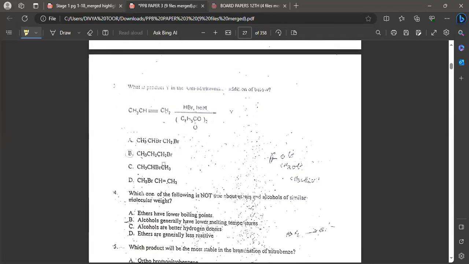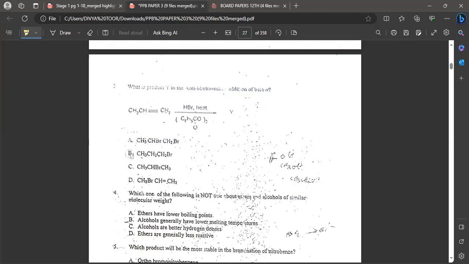Okay, so what is the product Y in the anti-Markovnikov addition below? HBr, heat. I guess this is the catalyst, so this breaks, right? HBr attacks. It's a CHBr CH2.